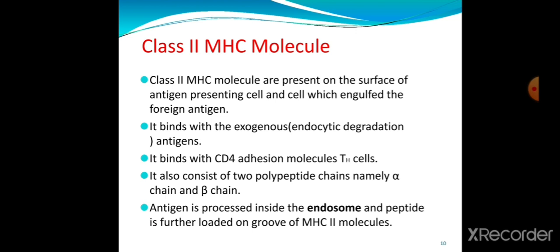It binds with CD4 adhesion molecules of TH cells. It also consists of two polypeptide chains, namely alpha chain and beta chain. The antigen is processed inside the endosomes and peptides are further loaded onto MHC class 2 molecules.